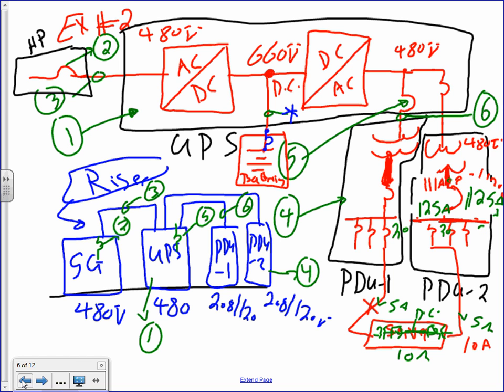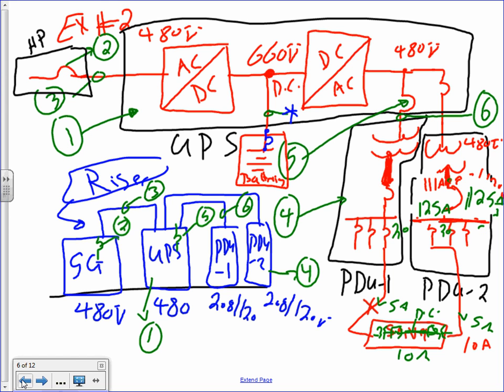The beauty of this one, Andrew, my friend, is they take a big chunk of 480 all the way from floor 1 to floor, say 5, and they put the PDUs where the data center is located, say on the 5th floor, and then you don't lose voltage because you're using 480. So last thing.